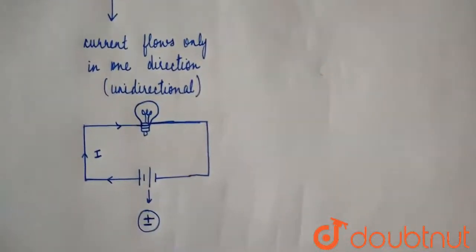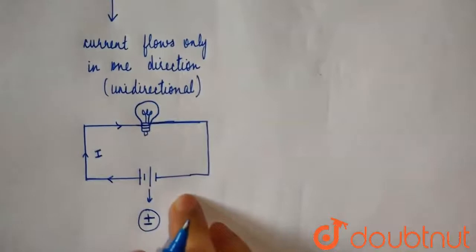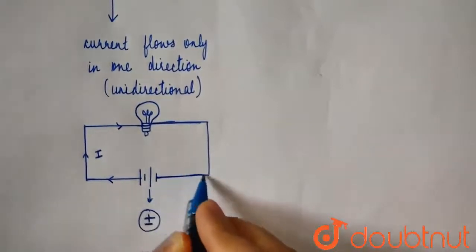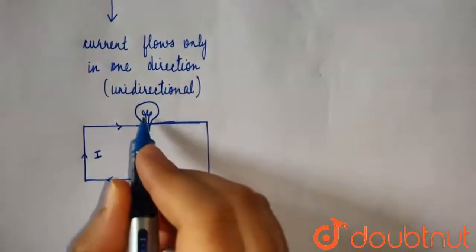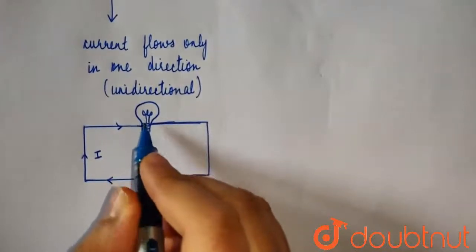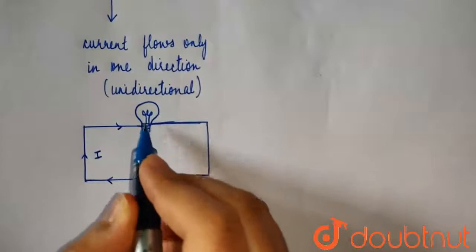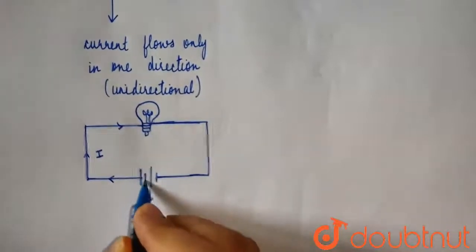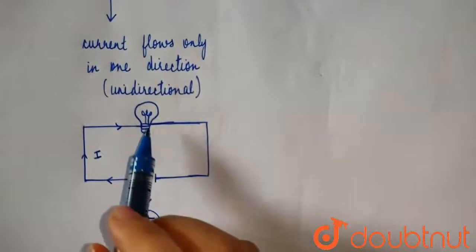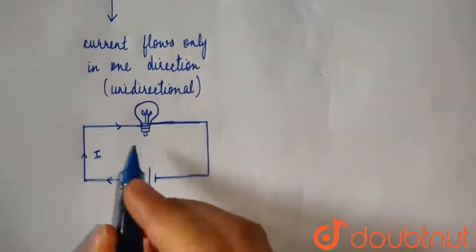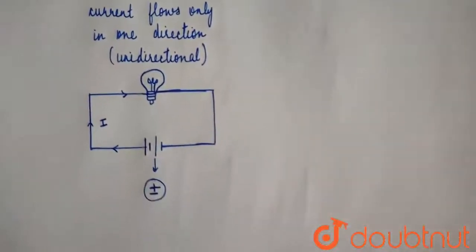No matter for how much time we keep the circuit on, the intensity of the bulb, that is the brightness of the bulb, will not change. If it glows bright, it will glow bright till this battery dies. Until then, it won't change its intensity. That is, current is flowing only in one direction.